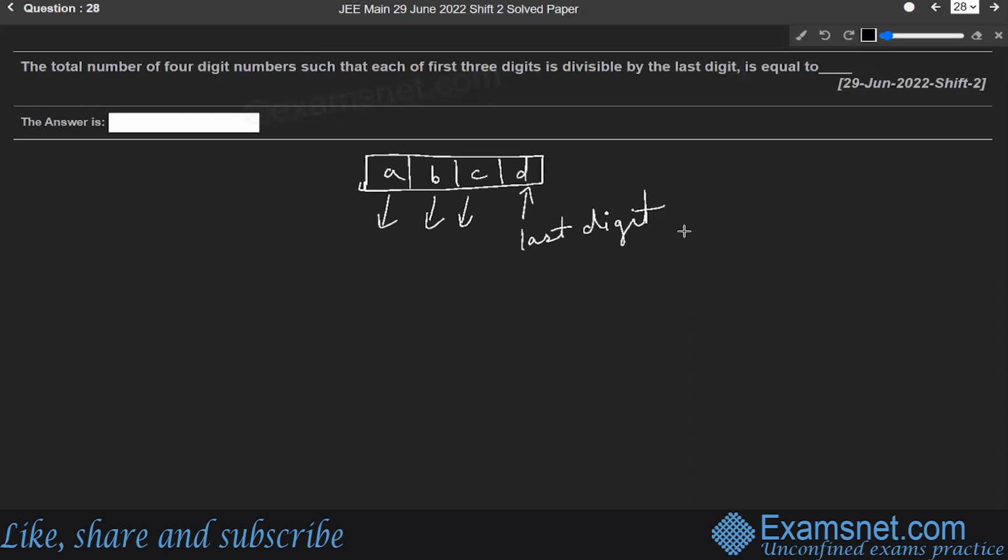The first 3 digits should be divisible by the last digit. It means that A should be divisible by D, B should be divisible by D, and C should also be divisible by D.